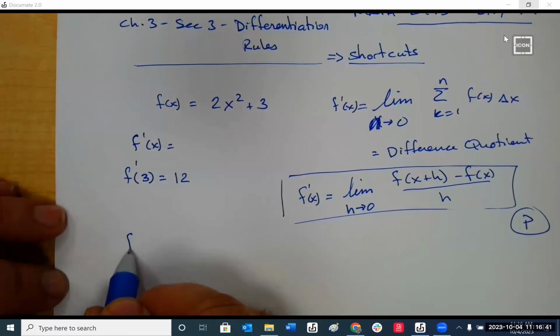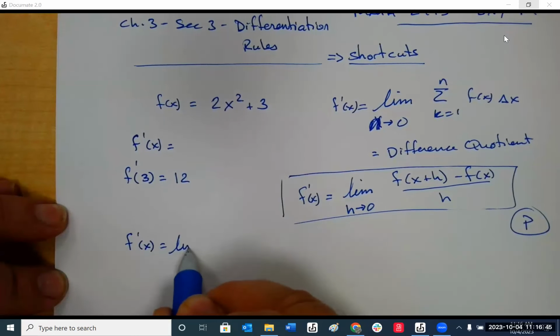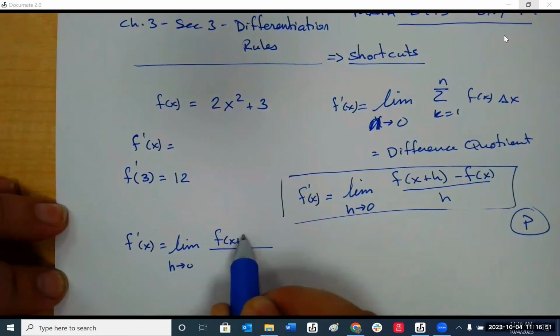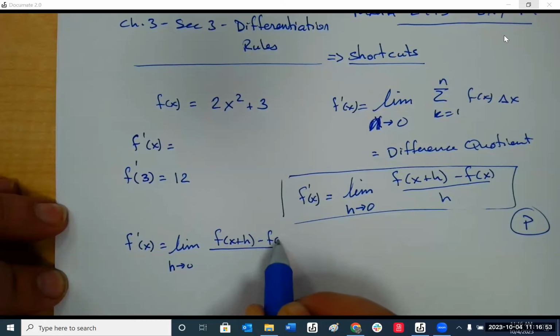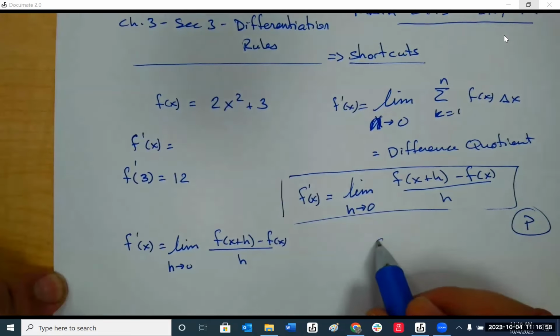So to find the derivative, we need to take the limit as h goes to 0 of the difference quotient. We have f of x.